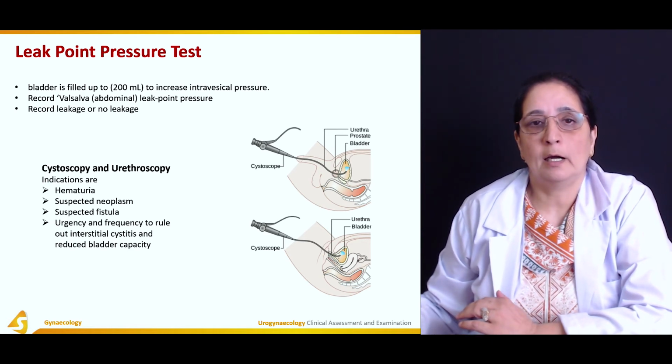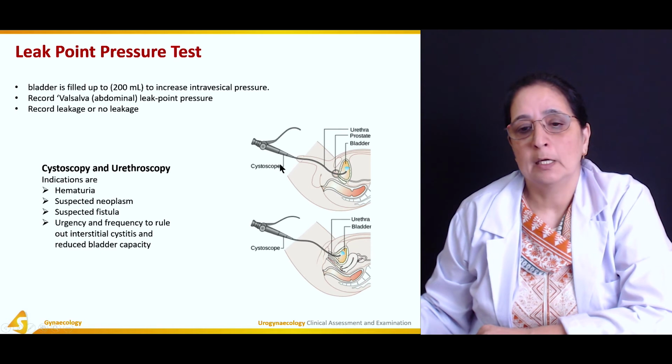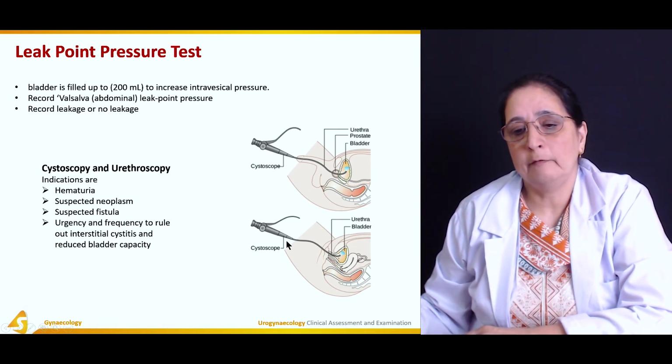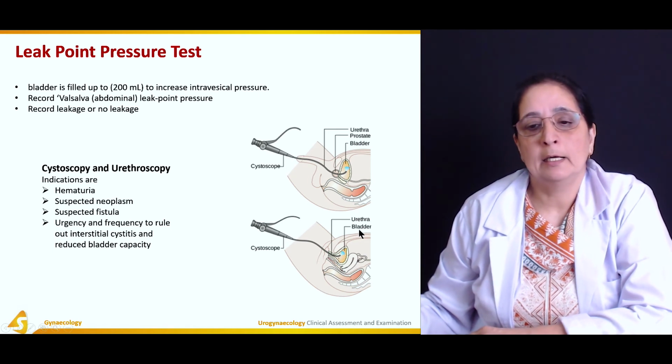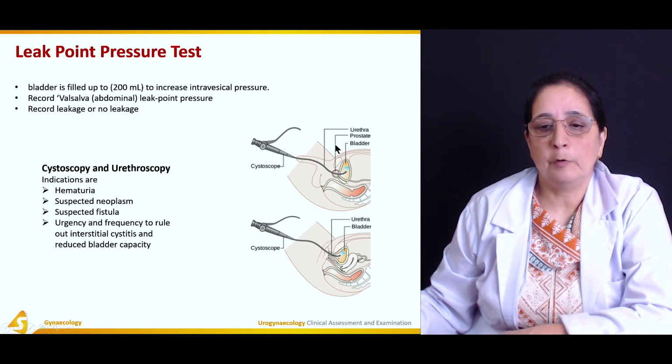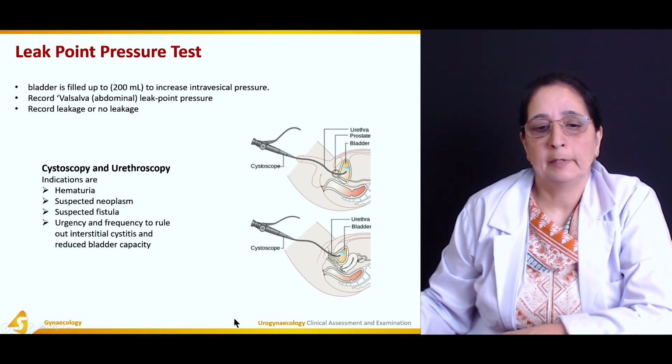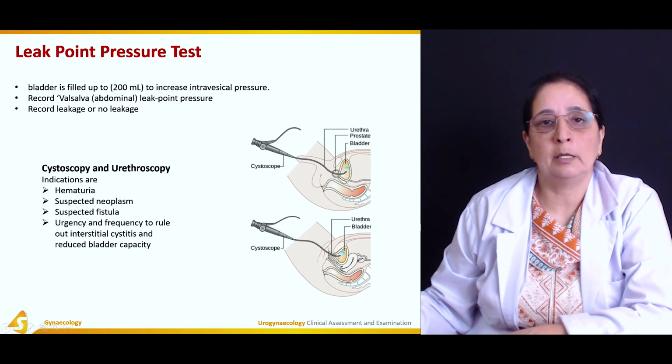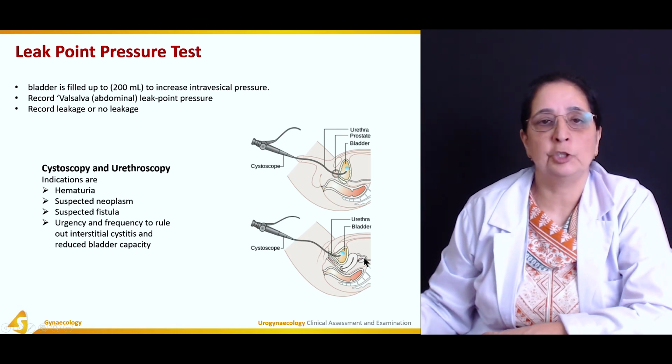All these are the indications to perform cystoscopy and urethroscopy, in which directly inside the bladder we can examine if there are any abnormalities or any changes in the bladder and the urethra.